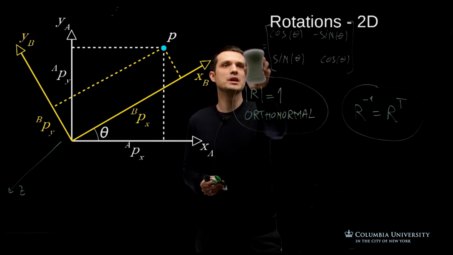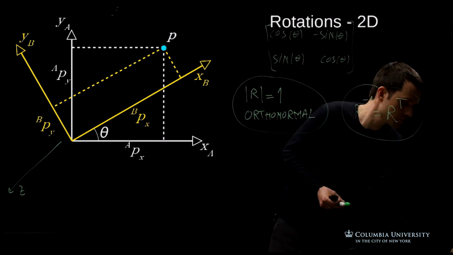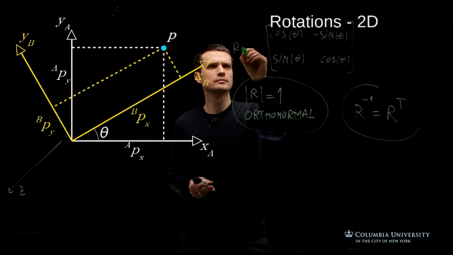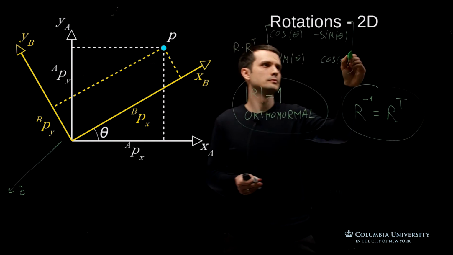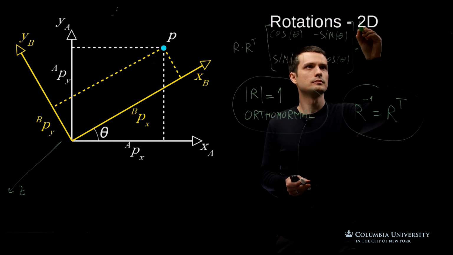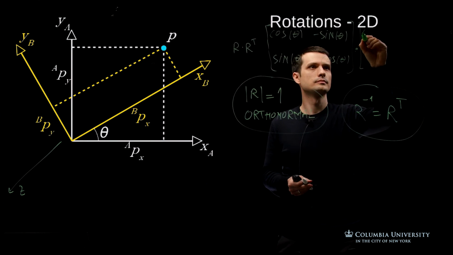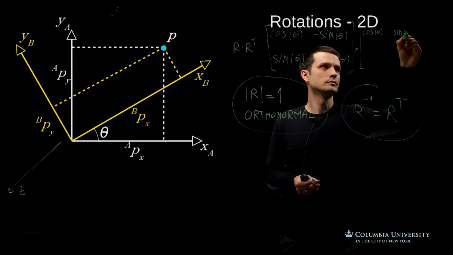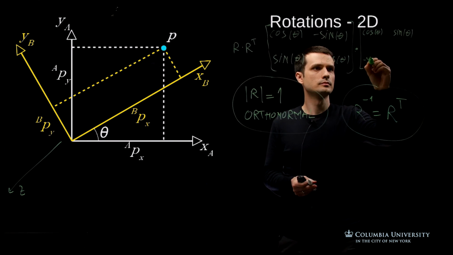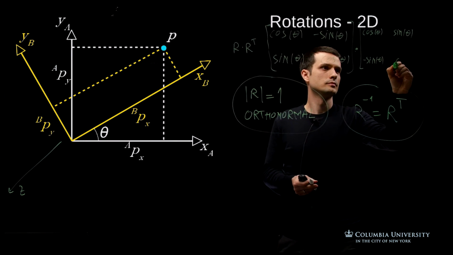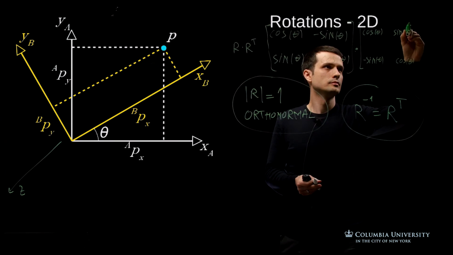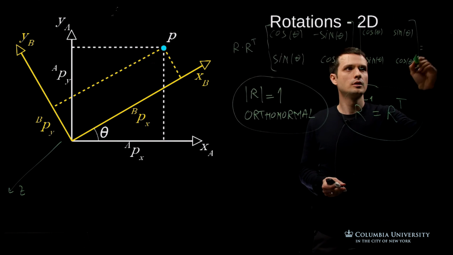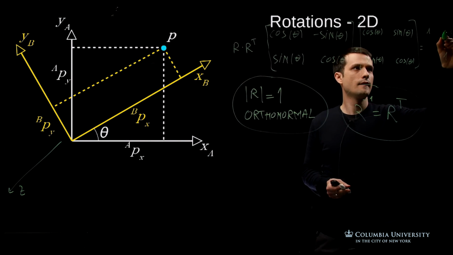If we take this matrix and we multiply it by its transpose, if you carry out the multiplication, you get the identity.